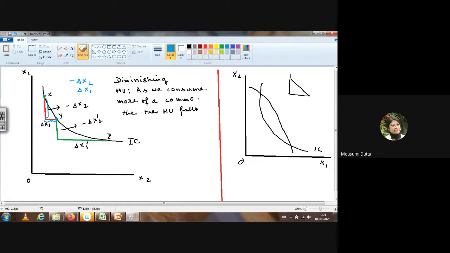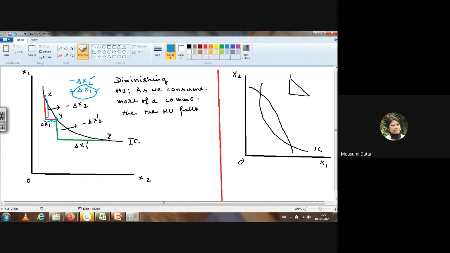So I will agree to leave minus delta X2 amount of X2 if we get plus delta X1 amount of X1. If I get this additional amount of X1, I will agree to leave this amount of X2.